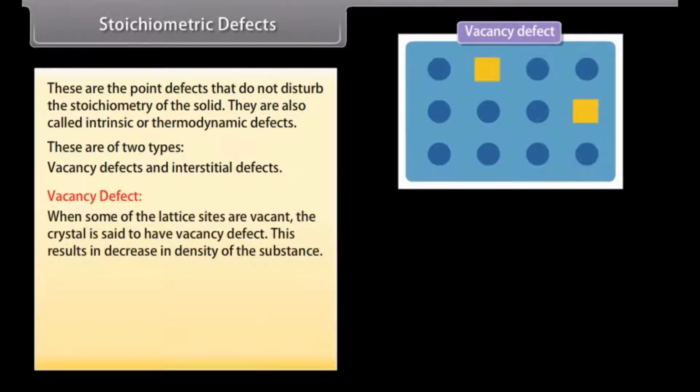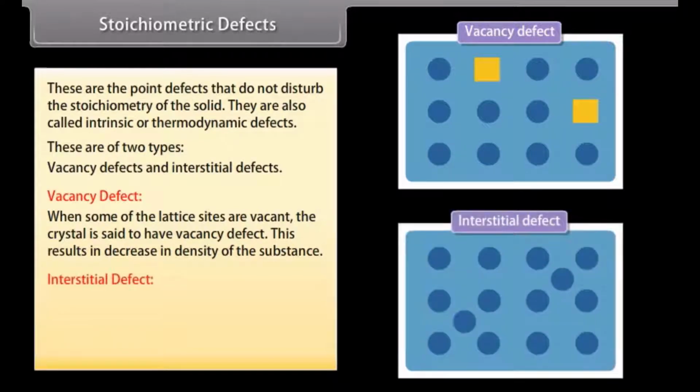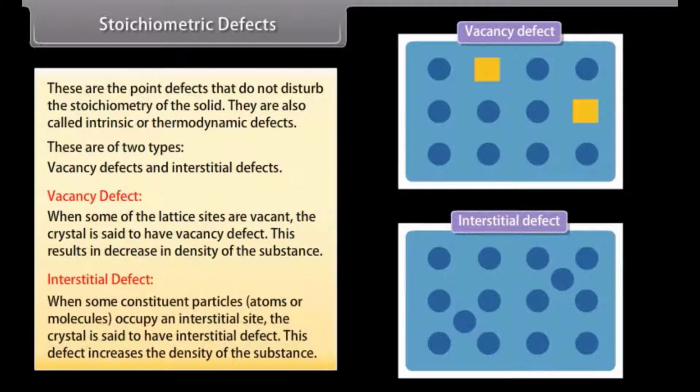When some of the lattice sites are vacant, the crystal is said to have vacancy defect. This results in a decrease in density of the substance. 2. Interstitial defect. When some constituent particles, atoms or molecules, occupy an interstitial site, the crystal is said to have interstitial defect. This defect increases the density of the substance.